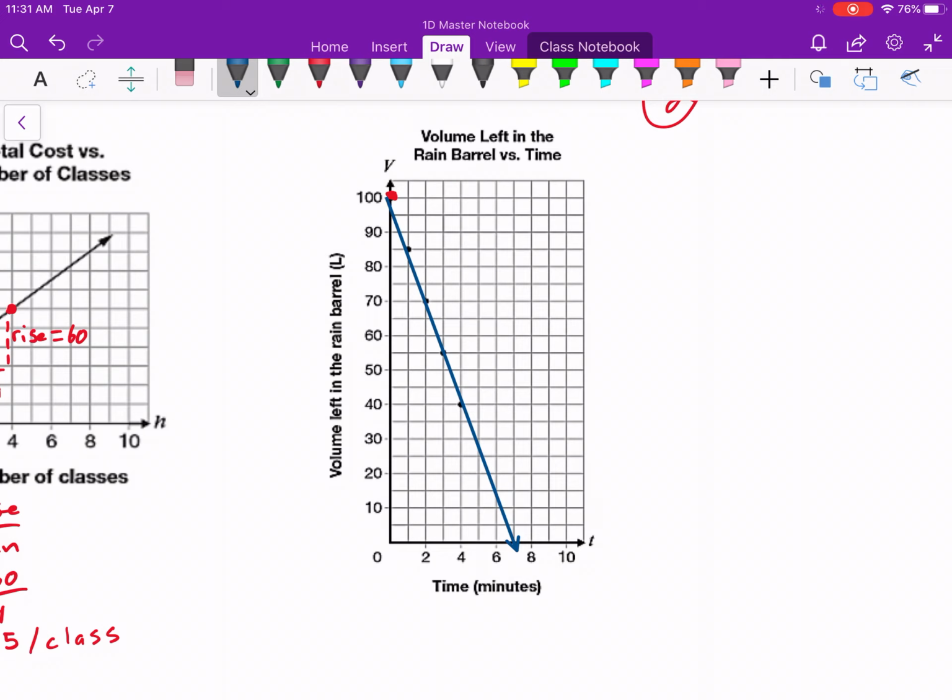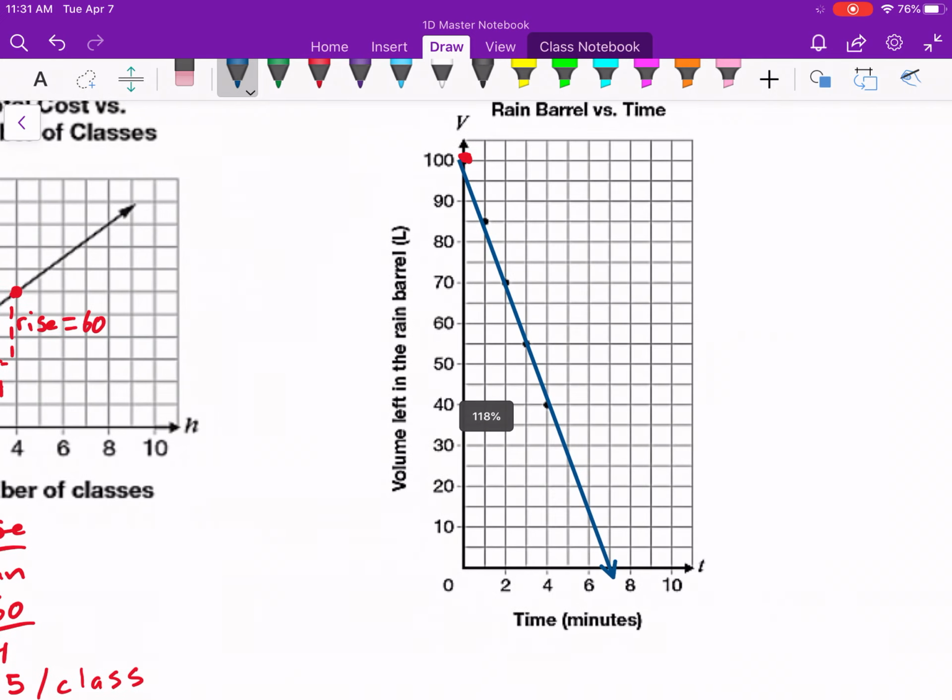Anyway, if I take my 2 points, again, I've already got that one at 0, 100. Maybe I'd pick another one over at 4, 40. I like to have them far enough apart so that when I draw my little lines like this, I've got a little room to write stuff.